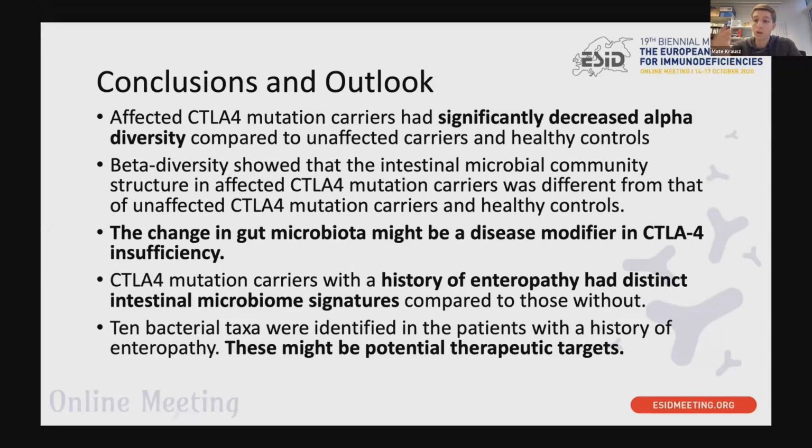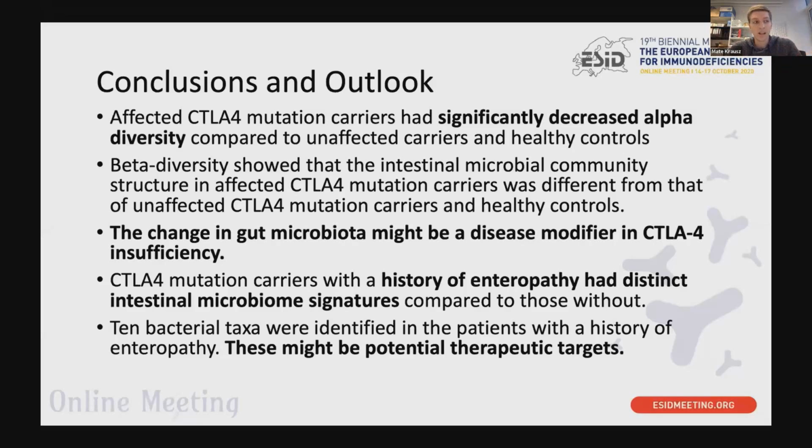We follow up the unaffected patients, and in some data that is not shown here, we could already identify, with the functional assessment of the microbial pathways, that some metabolic pathways are altered in the unaffected ones, which could be interesting to see how the unaffected patients develop.